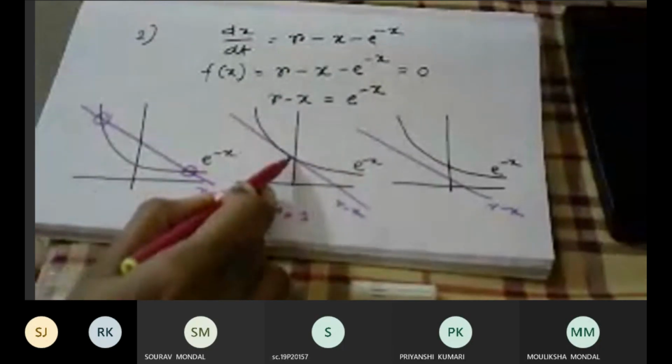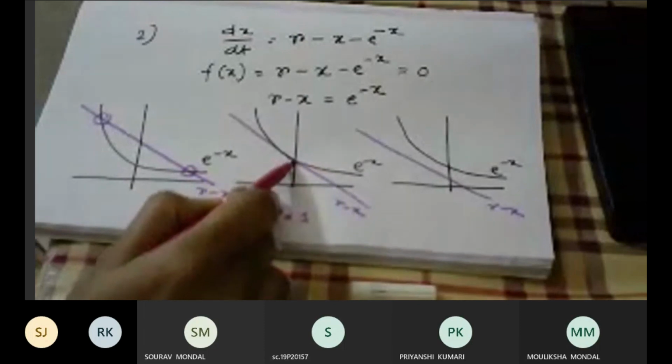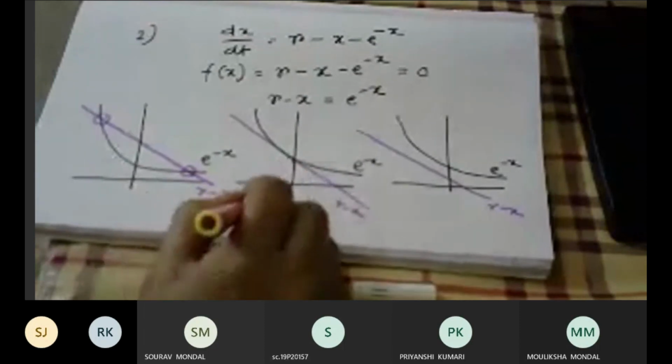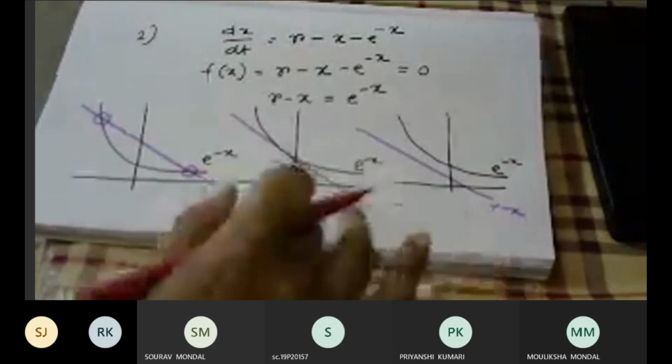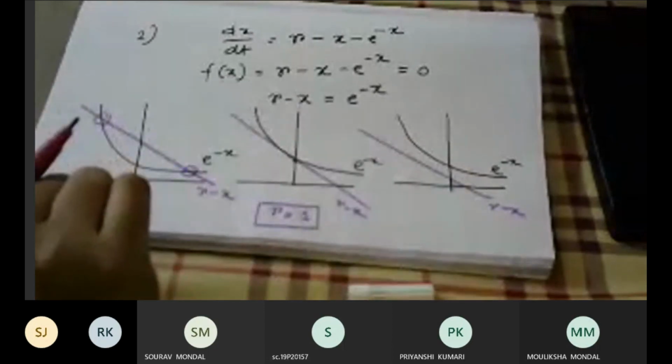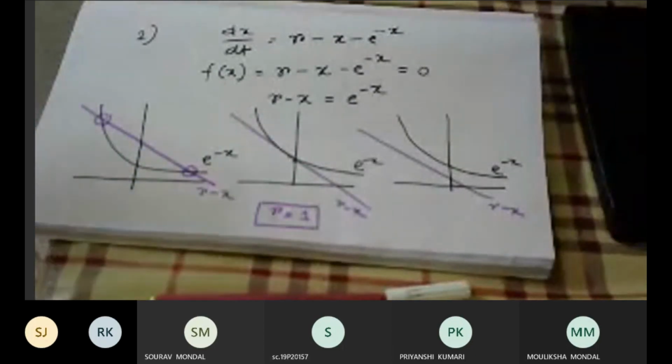Because the slope, as you said, the value of e to the power minus 0 is 1. So exactly that value should be here. So r should be equal to 1 at this point. These two are either on the higher side or on the lower side of it. What I need you to do is solve this problem completely, just like we did the previous case.